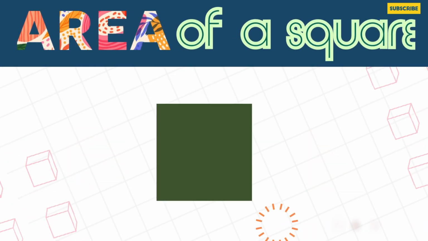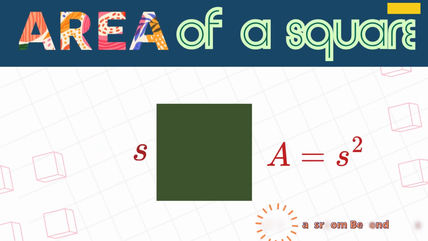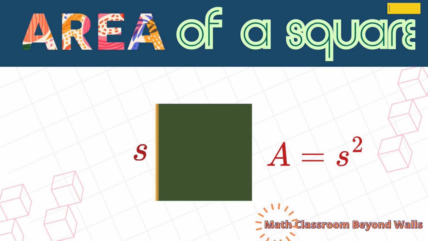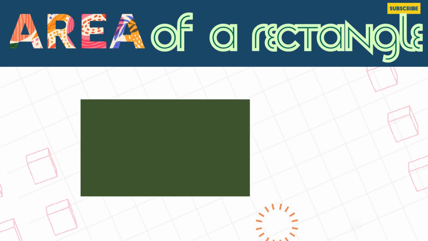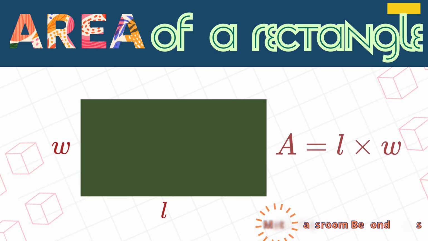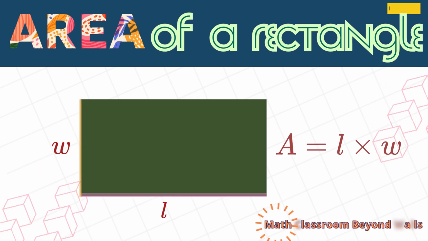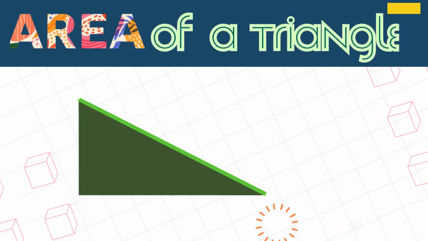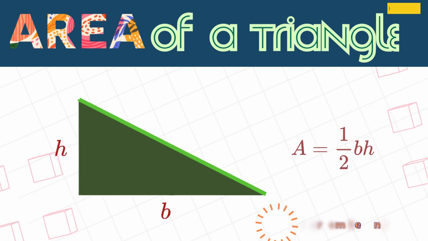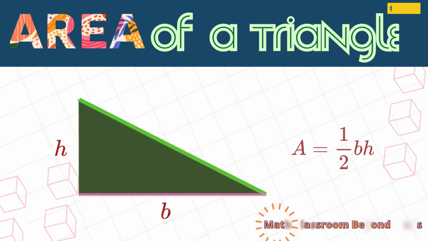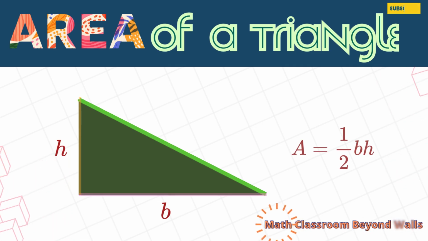For a square, area is S squared, where S is the length of a side. For a rectangle, area is L times W, where L is the length and W is the width. For a triangle, area is 1/2 B times H, where B is the base and H is the height.